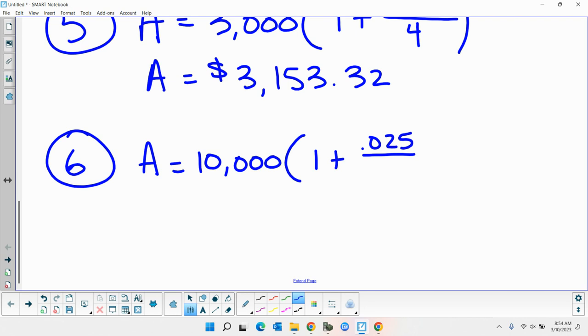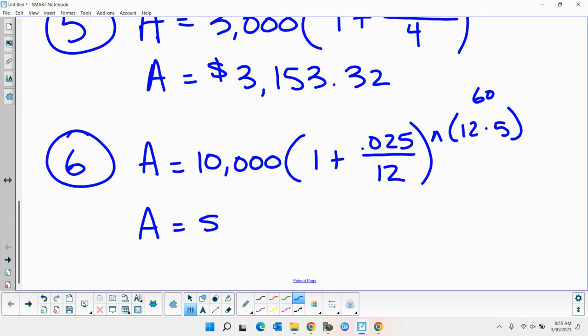So N is 12. For how many years? 5 years. Find the balance. 12 times 5 is 60, so I'm just going to use a 60 when I punch it in my calculator. So that comes out to 11,330.01.